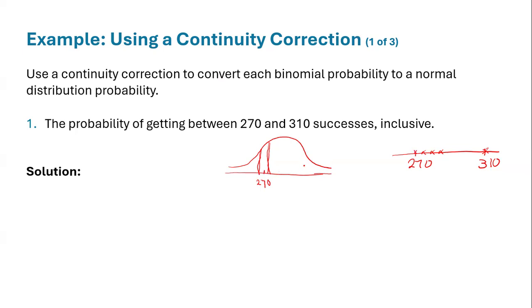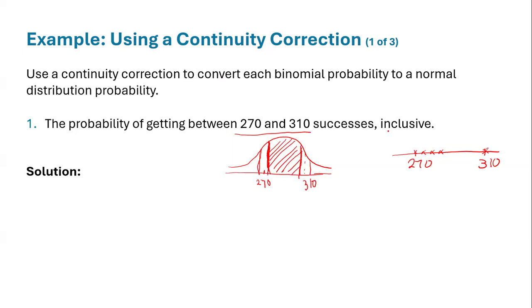And if 310 is over here, we have a bar here as well. When you want to find the probability between these two values, if it was only between 270 and 310, that means you were supposed to find this, start the area from this point to this point.